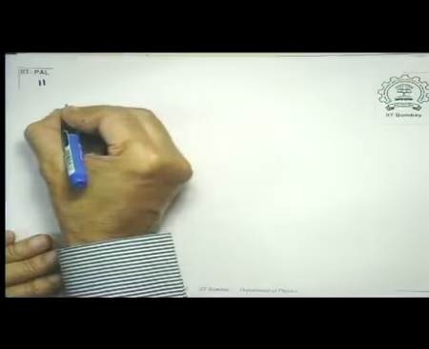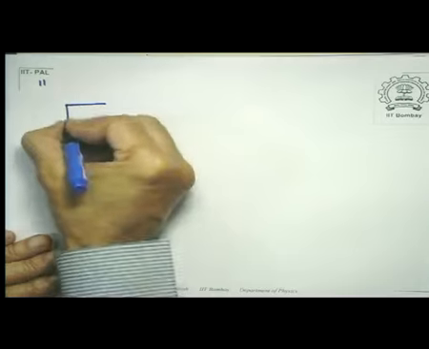So, these were examples where the series and parallel resistances were used. Let me give you a final example in series and parallel combinations. Let us look at a circuit like this.